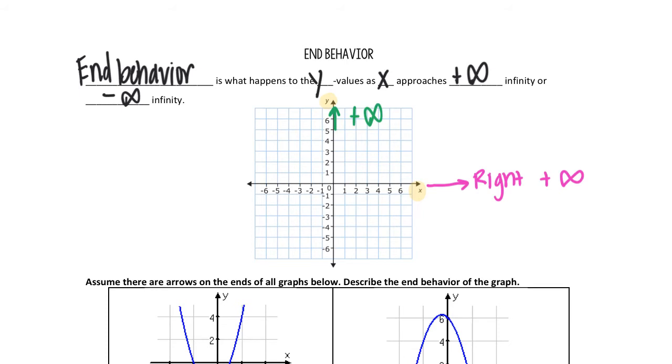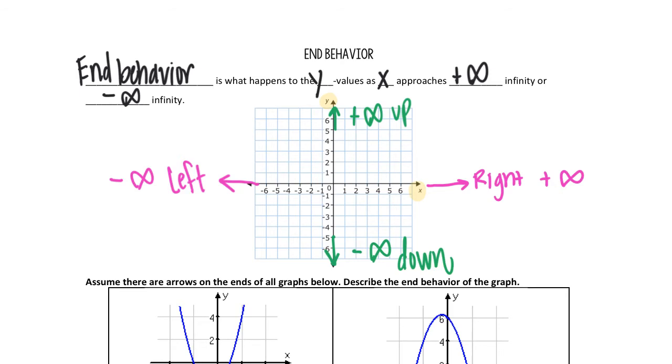If the graph is continuing forever to the left, those x values are getting smaller and smaller, we call that negative infinity. If y values are going forever down, we call that negative infinity. So up is positive infinity, right is positive infinity, left is negative infinity, and down is negative infinity.